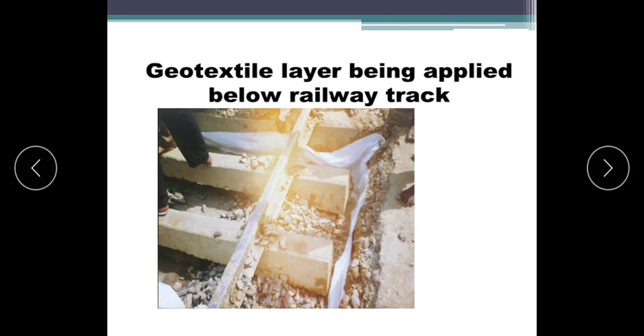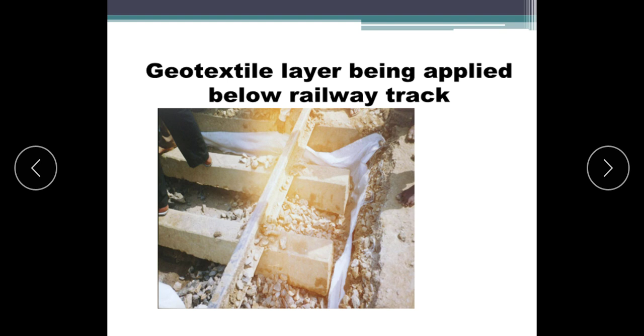This is one application of geotextile material, applied below the railway track. This is a railway track which has been constructed on soft soil. When rainwater mixes with the subgrade soil below, while the rail is moving there is a dynamic load applied, so the water comes along with the soil particles.